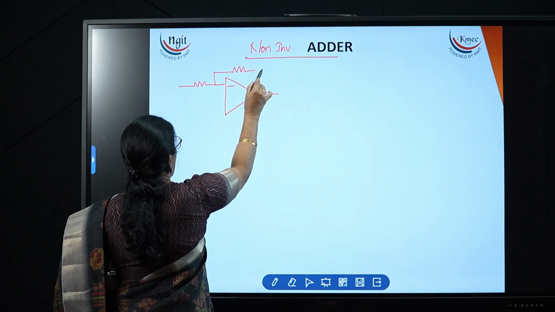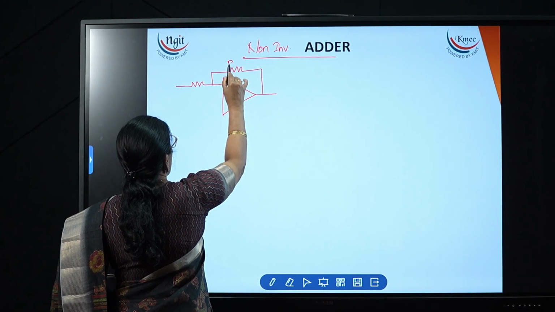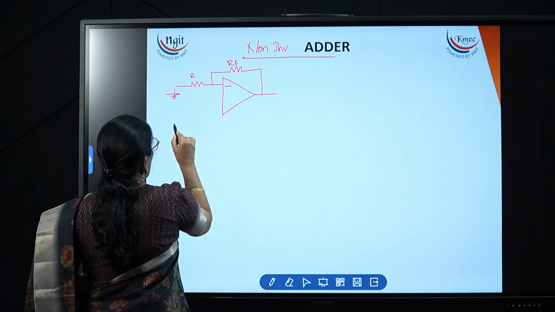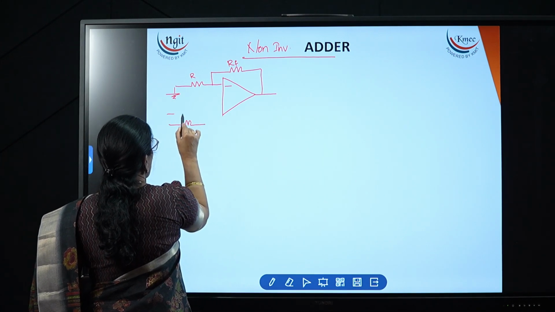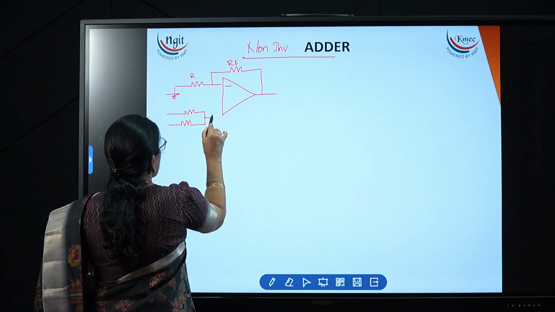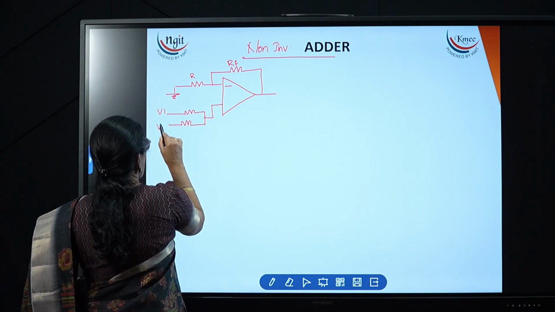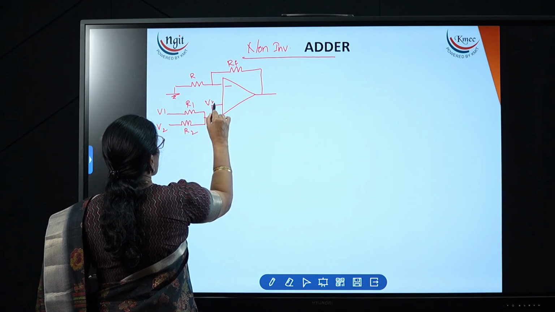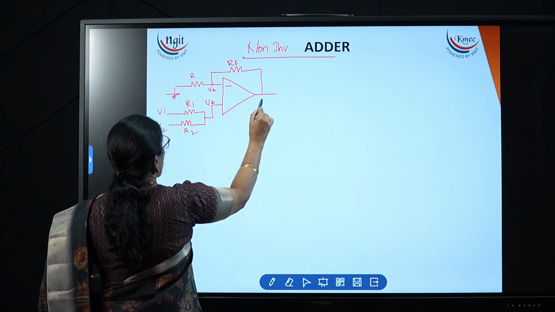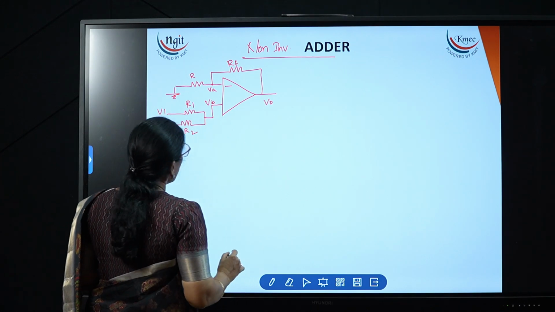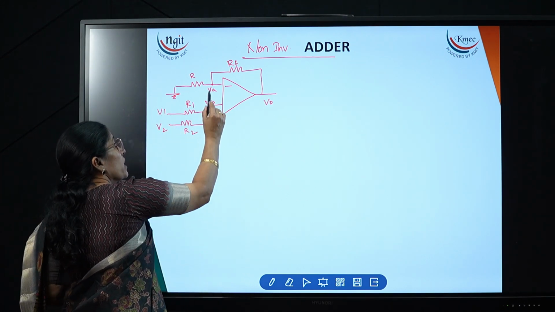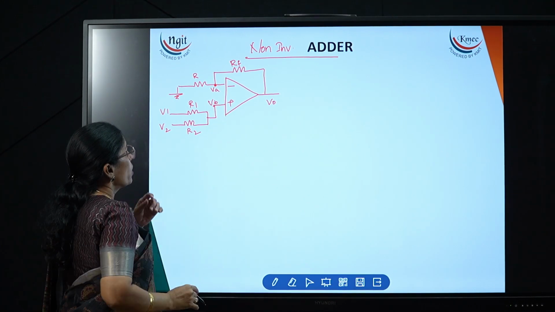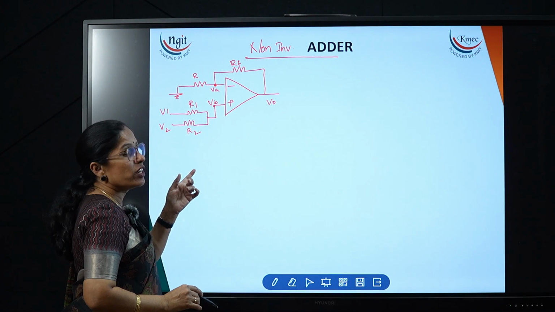This is the circuit diagram for the non-inverting amplifier, with Rf and R. For easy calculations, I will take only two signals, V1, V2 and R1, R2. Here the voltage is VB and here the voltage is VA, and this is V0. Now we need to apply nodal analysis at A and also at B. So we have to take two nodal analyses and equate them.